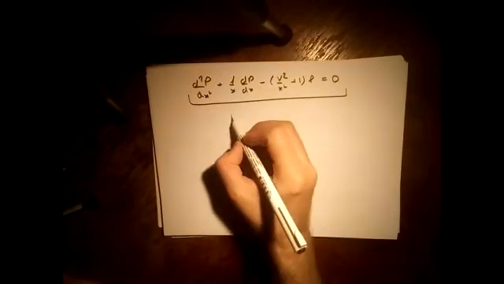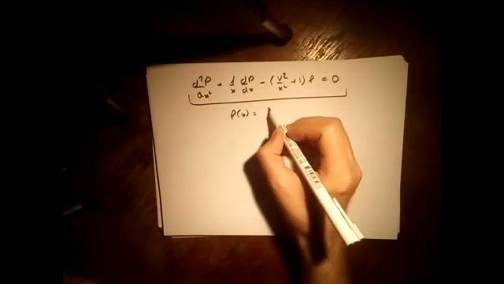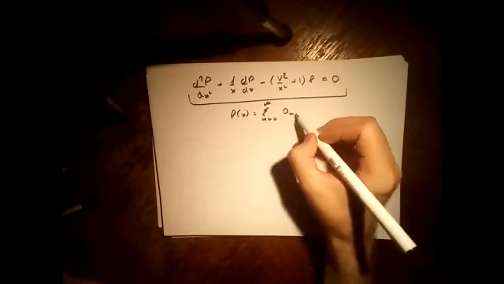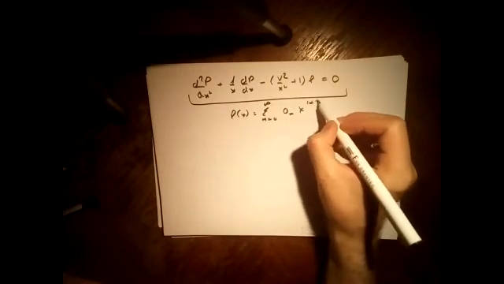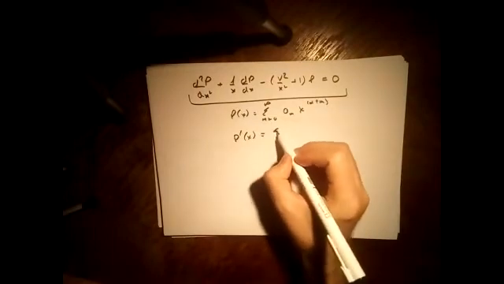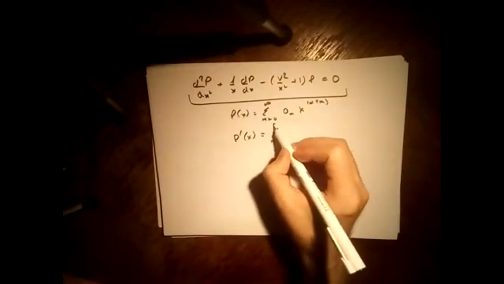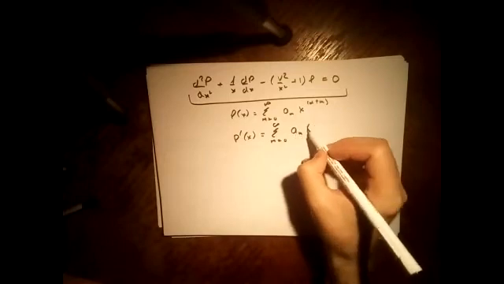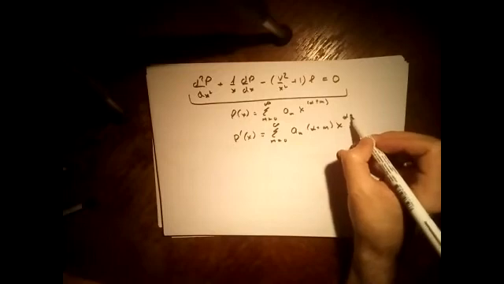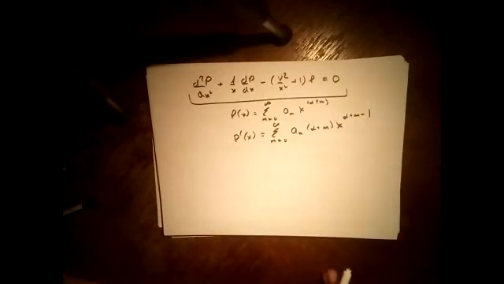So I'm going to take the ansatz again, p equals the sum from m equals 0 to infinity of am x to the alpha plus m. Then I have p prime of x equal to the sum from m equals 0 to infinity of am times alpha plus m times x to the alpha plus m minus 1.